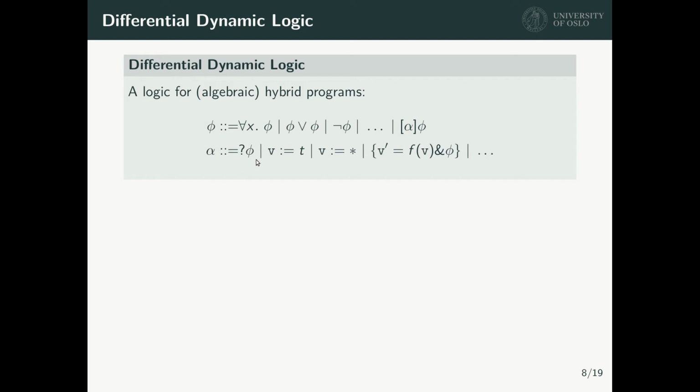So it has tests, so I can test whether a certain formula holds, and if the formula does not hold, I discard the run. I have assignment, I have non-deterministic assignment where I pick a random value and assign it to v. But most importantly, I have this statement which says, follow this ODE as long as you stay in the region defined by phi, where phi is another formula.